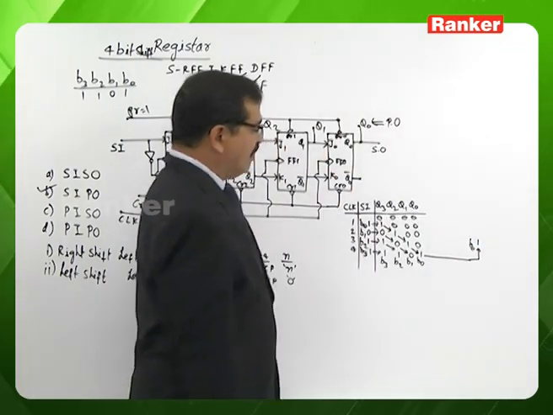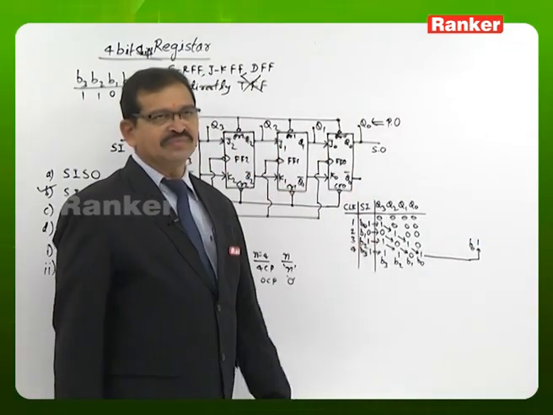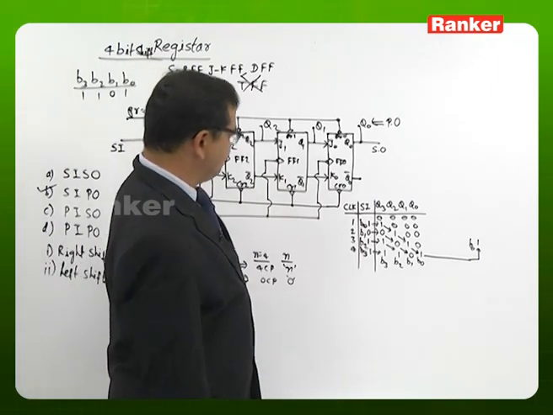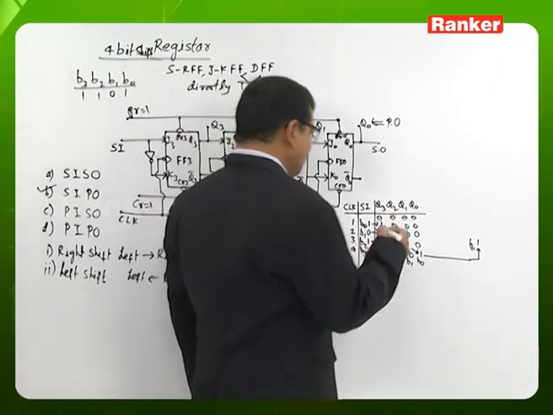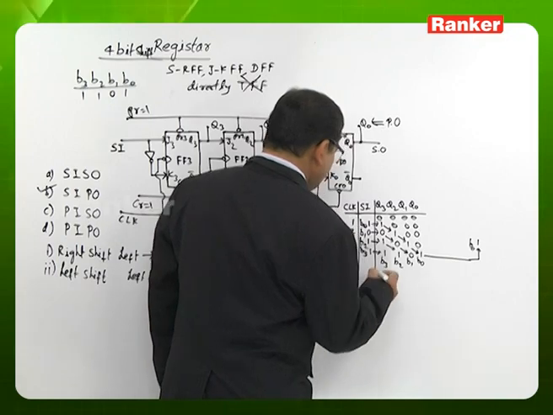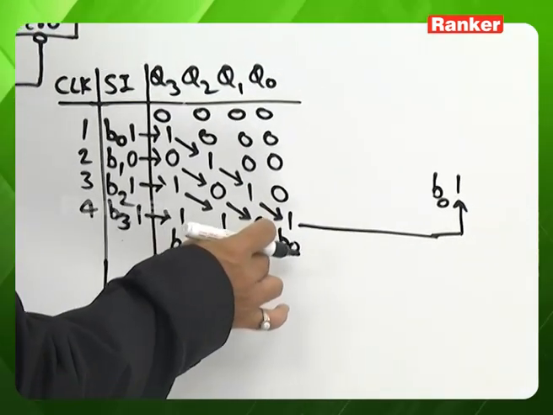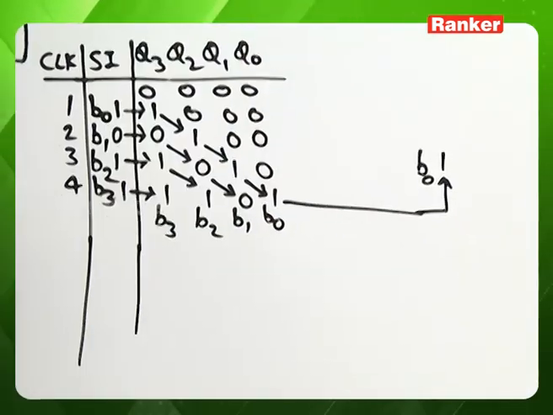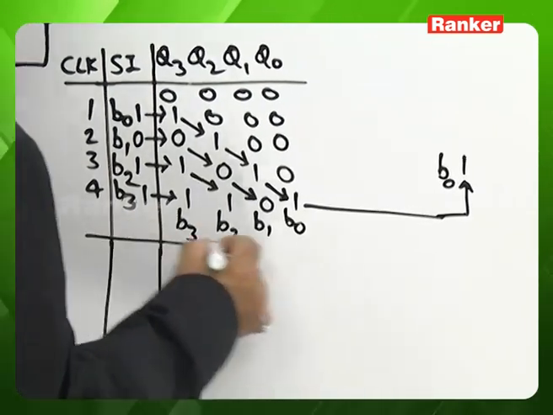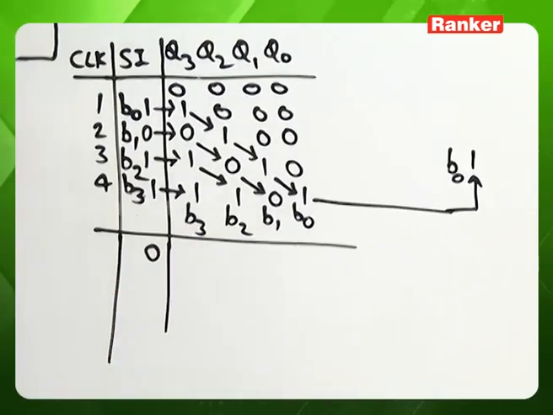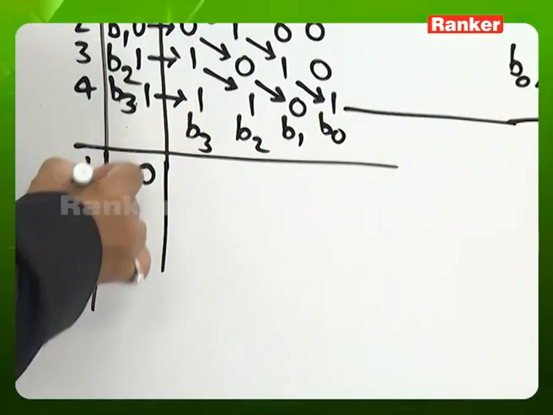Now, after reading bit B0, the next bit we want to read from the register is bit B1. For reading bit B1, it is required to transfer bit B1 to flip-flop 0. Hence, while keeping serial input 0, we need to apply a clock signal.